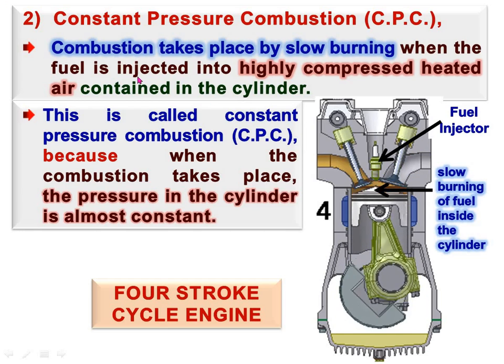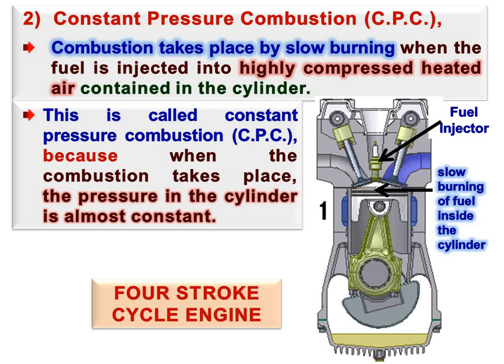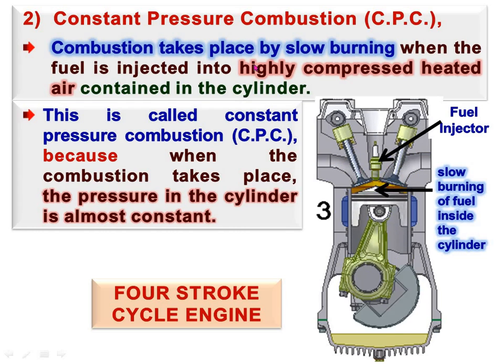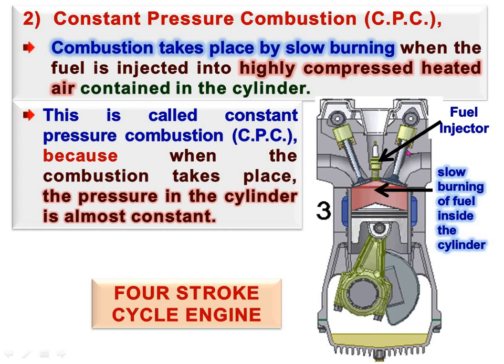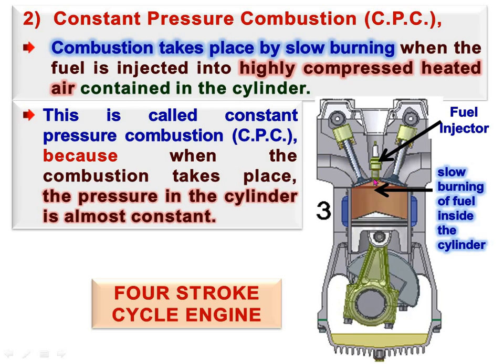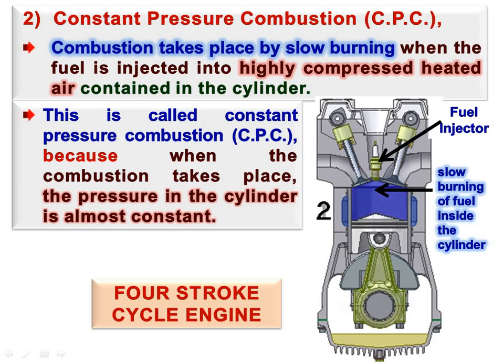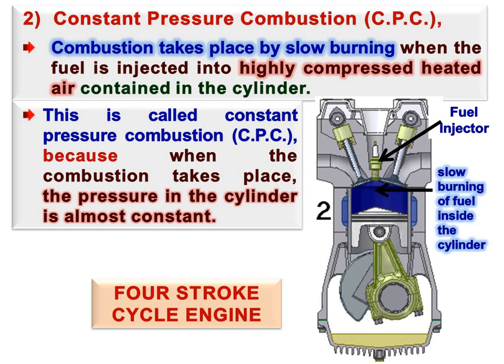So here hot air is there which has a very high temperature, and fuel is injected with the injector. See here the fuel injector injects the fuel when the piston reaches top dead center at the time of the compression stroke.